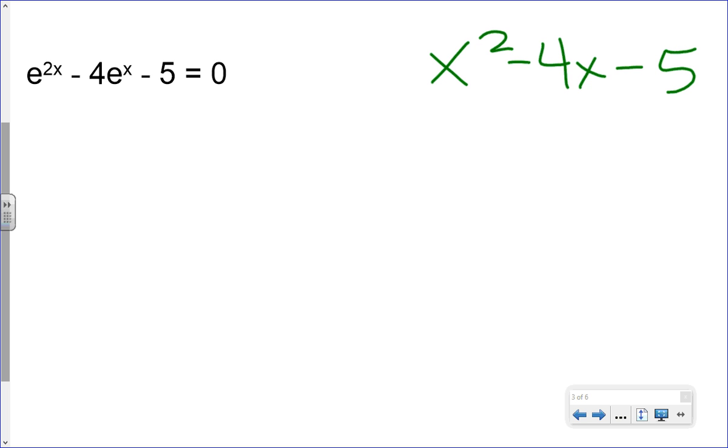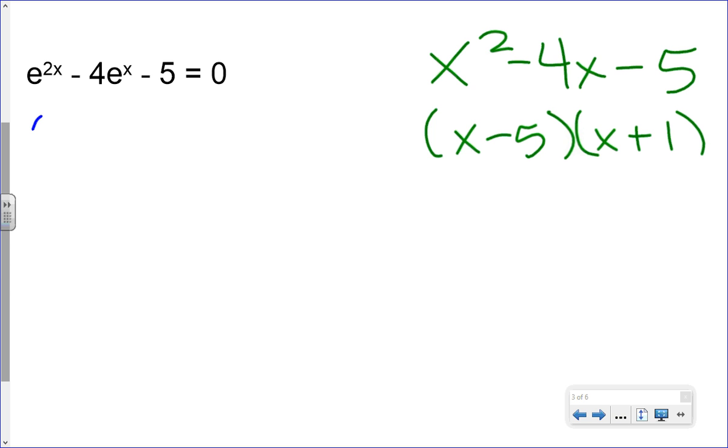If I gave you that, what would you do? Factor to what? So e to the 2x minus 4e to the x minus 5 is a trinomial in disguise. Instead of x, we have e to the x.